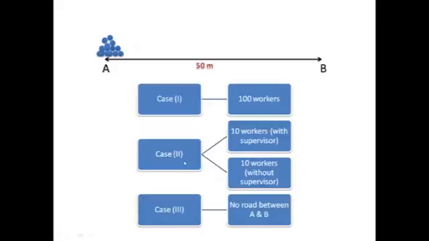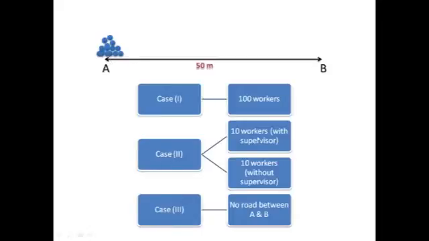The second mode, imagine that on that particular day only 10 workers are available. When you have only 10 workers and you ask them to stand from A to B, the relative distance becomes 5 meters. So it is not possible to transfer the stones without motion.